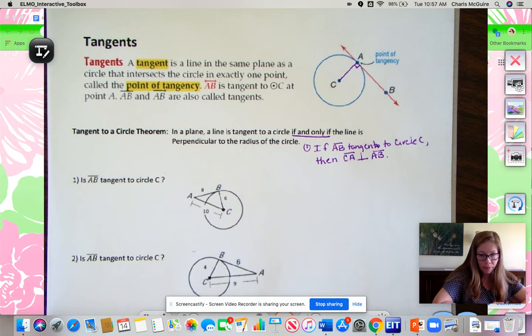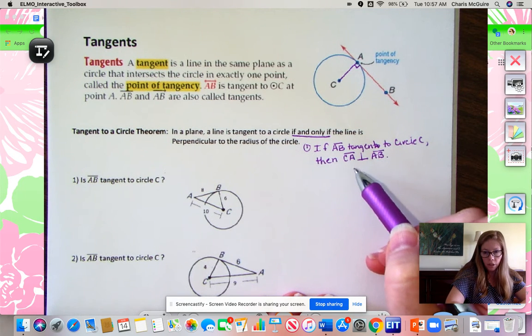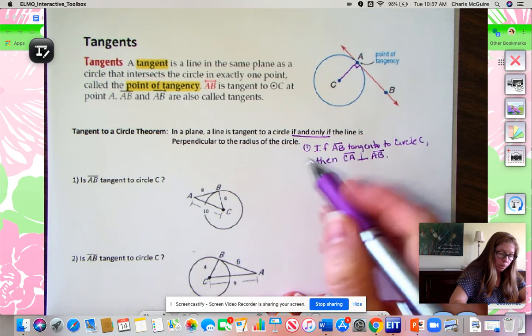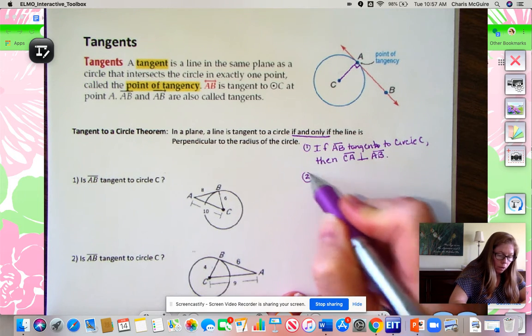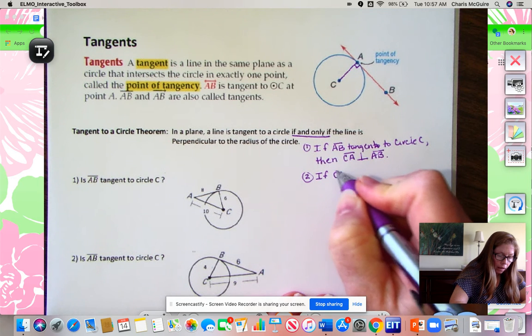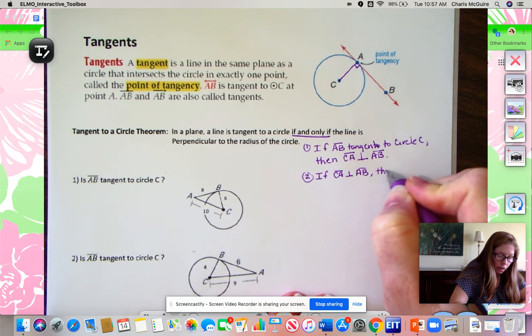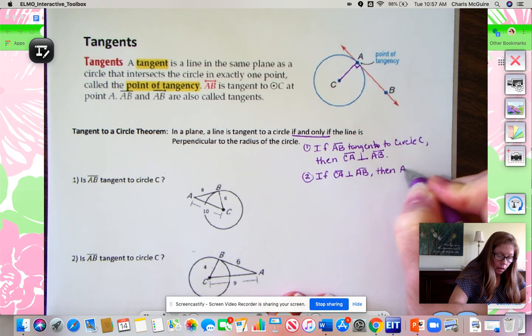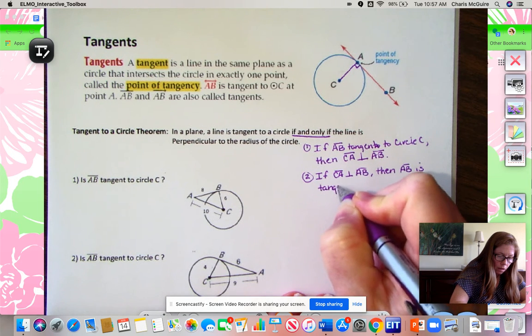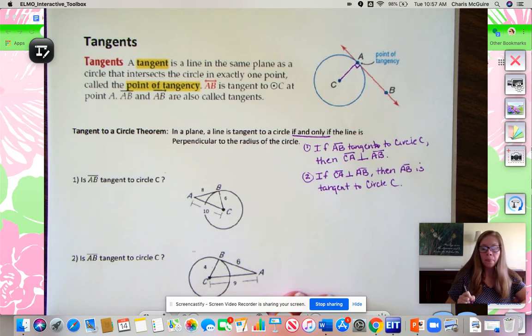Now, on the flip side, we can turn this whole statement around and look at the converse, and the converse will also be true. The second thing that we know is true is that if CA is perpendicular to AB, then AB is tangent to circle C. So they have this back and forth relationship.